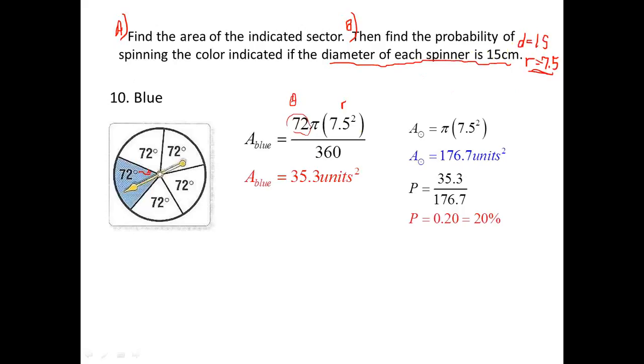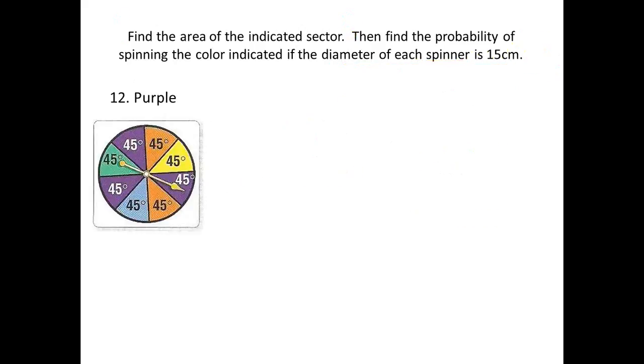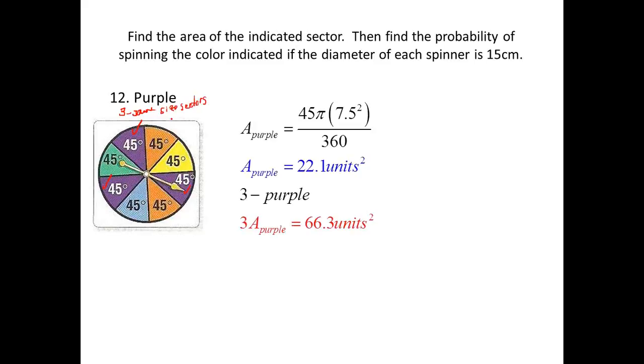Okay, next one, same idea. Same information, but this time they have purple, purple, purple, three same size sectors. So I can calculate 1 multiplied by 3. So that's all I'm doing.